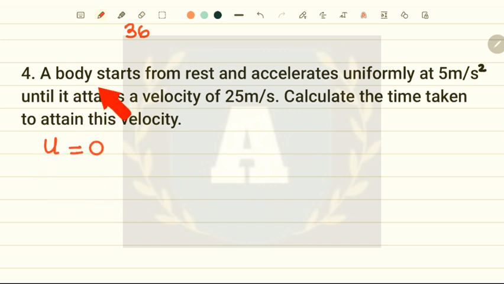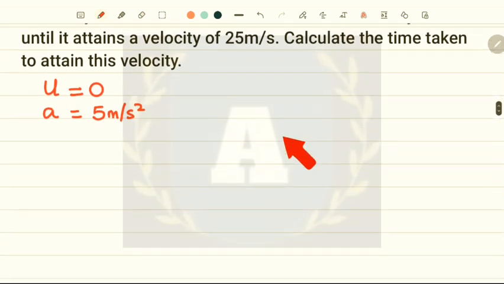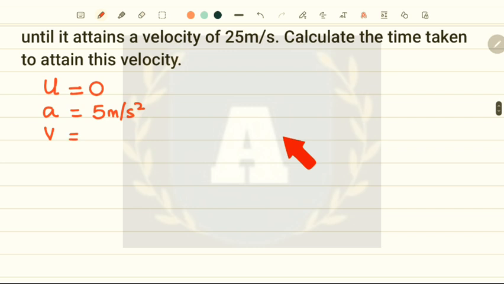The acceleration is 5 meters per second squared, until it attains a velocity of 25 meters per second. So the final velocity is 25 meters per second. Then you have to calculate the time taken to attain this velocity.